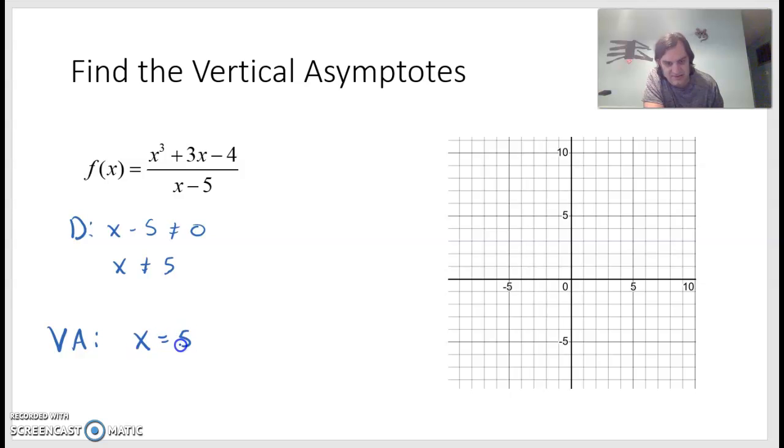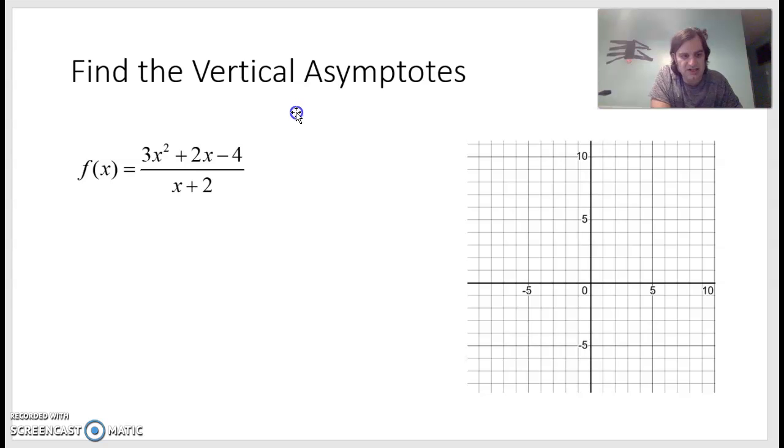X equals 5. So I'm going to put that on my graph for later purposes. I just want to know where they are. And you could have multiple vertical asymptotes in your graph. You could have one or more, okay, because you have to have at least a domain issue for this to work out.